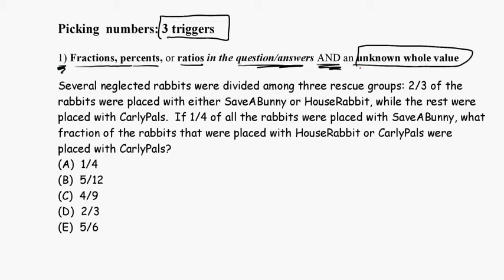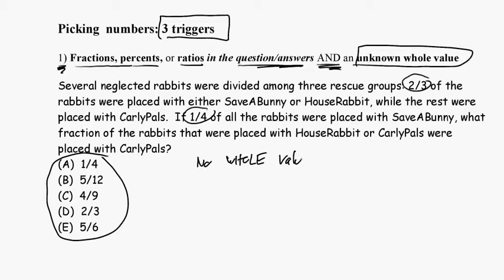Now, we haven't talked about how to do that yet, but looking at this question, just doing our step 1 of our trigger method, just scanning over everything really quickly, looking for the triggers. I mean, if I just scan over this, I see 2/3, I see 1/4, and I see fractions in the answers. In addition, further scans indicate no whole value. So right off the bat, I have this trigger. Got it.